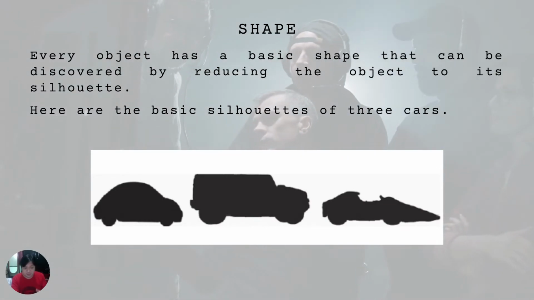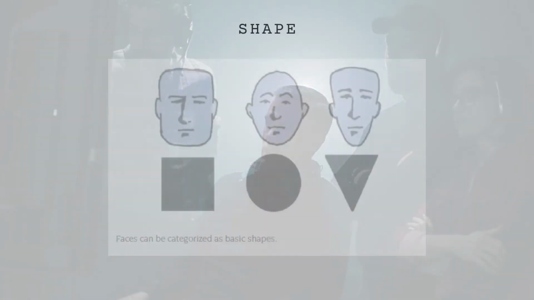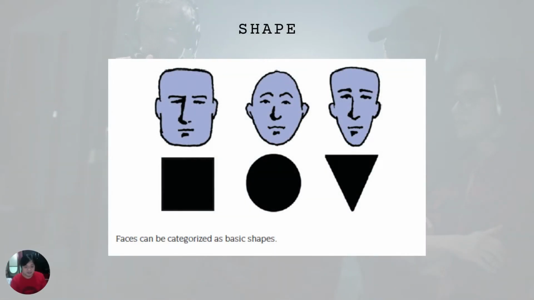Now, in this particular example, faces can be categorized as basic shapes as well. Square-jawed, circular face, or a bit of a triangle. So you can embed personalities based on these three. You can see that the square face looks more serious, diba?